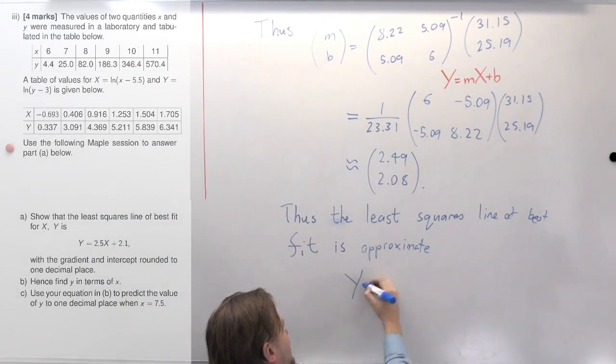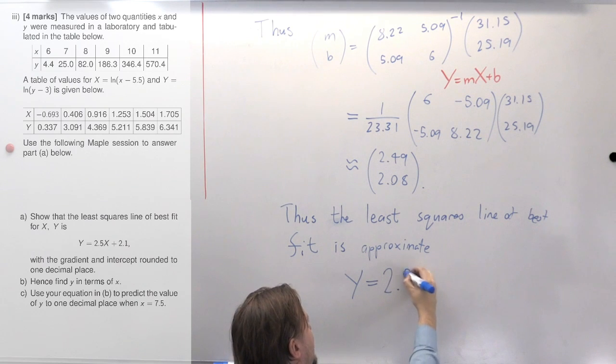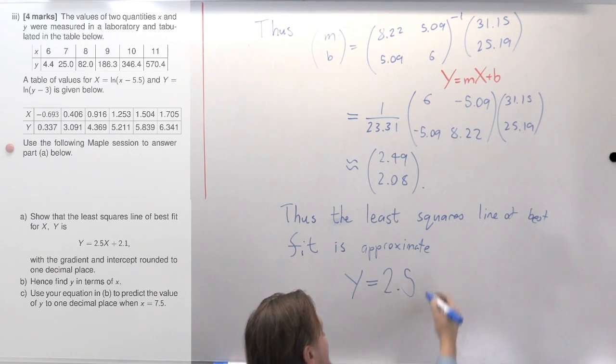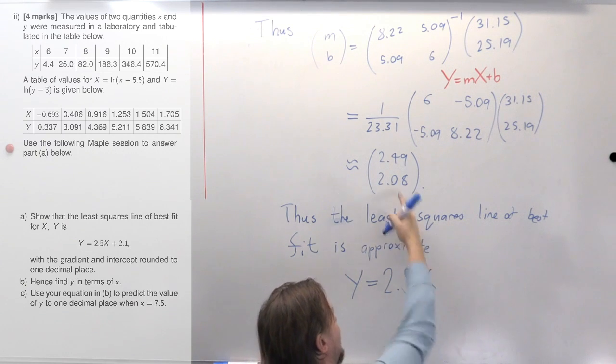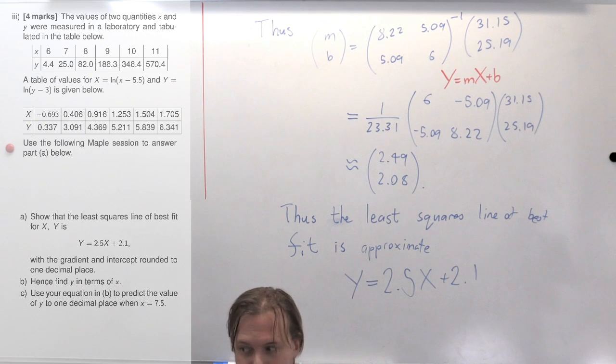So the approximation is y equal to, so my line of best fit I'm going to use is, let's round this to just one decimal place times x, and round this to one decimal place to get plus 2.1, and I believe that is the answer we wanted.